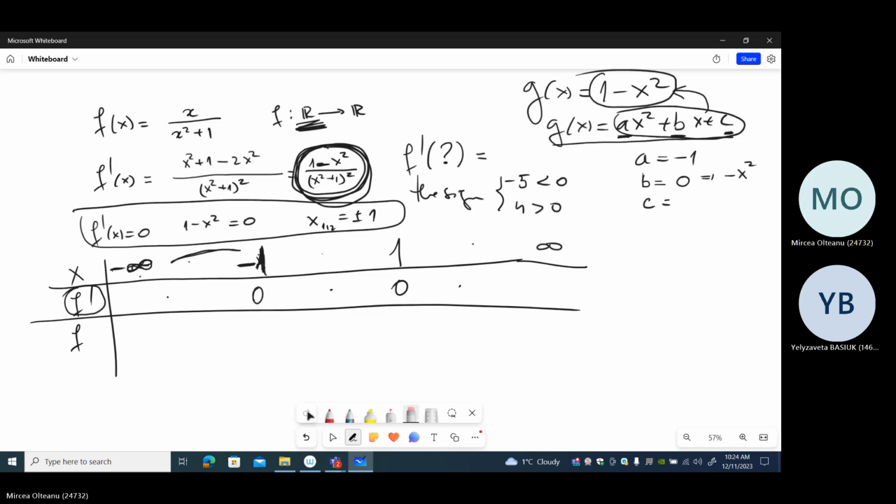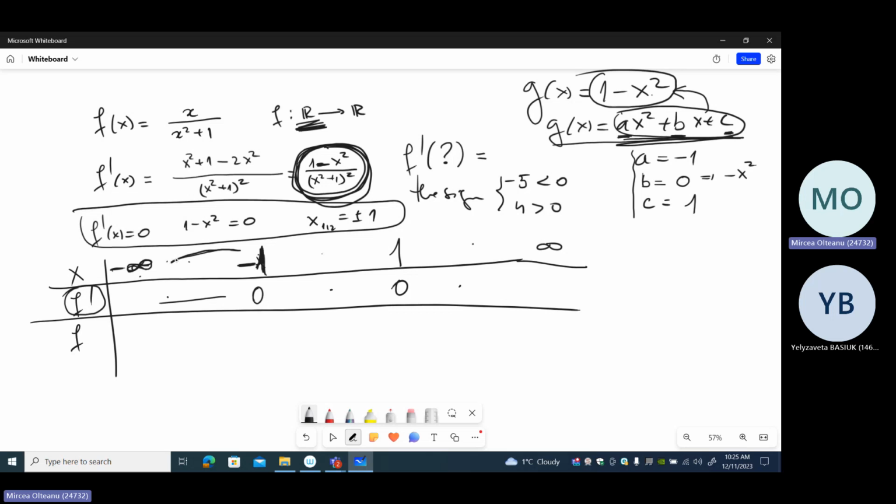Okay, so C is 1, of course. And now tell me the sign of 1 minus x squared on the interval minus infinity to minus 1, according to the theory of the quadratic function. It will be negative. Yes, negative.